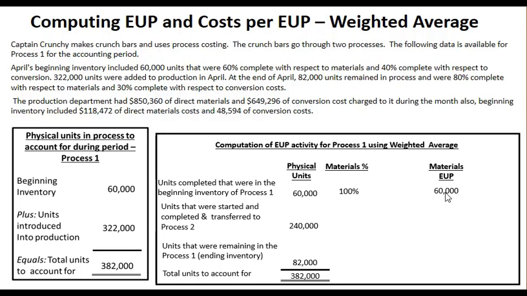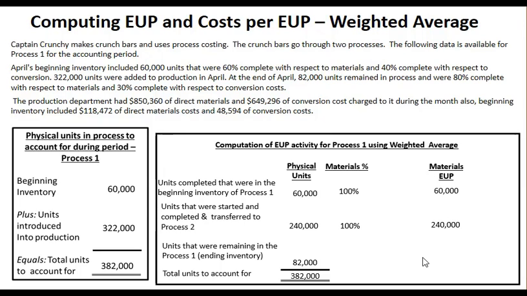So I end up with 60,000 equivalent units of production. Okay, the next line then, units that are started and completed basically are still going to be just like FIFO. They started at 0 and they end up at 100, so they're going to be at 100%. So I'm going to have 100% times 240,000 physical units. So my EUP for materials is 240,000 EUP.